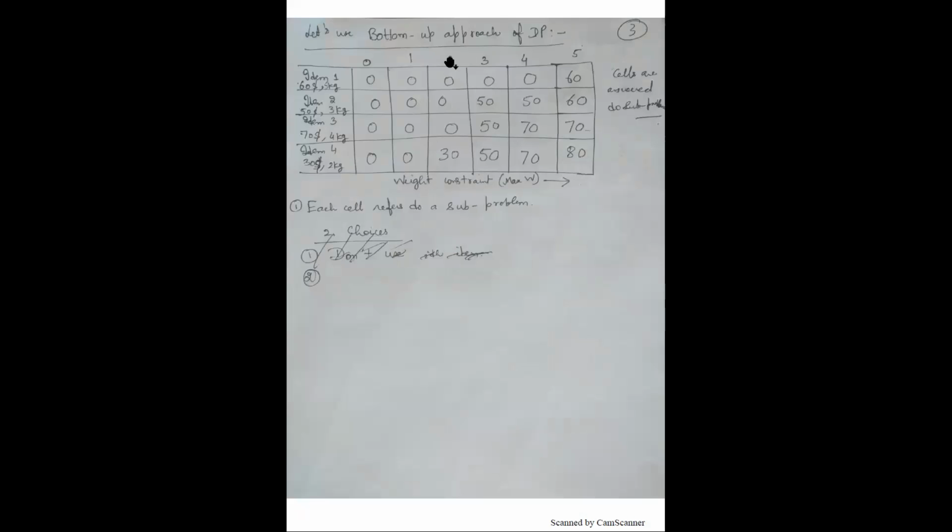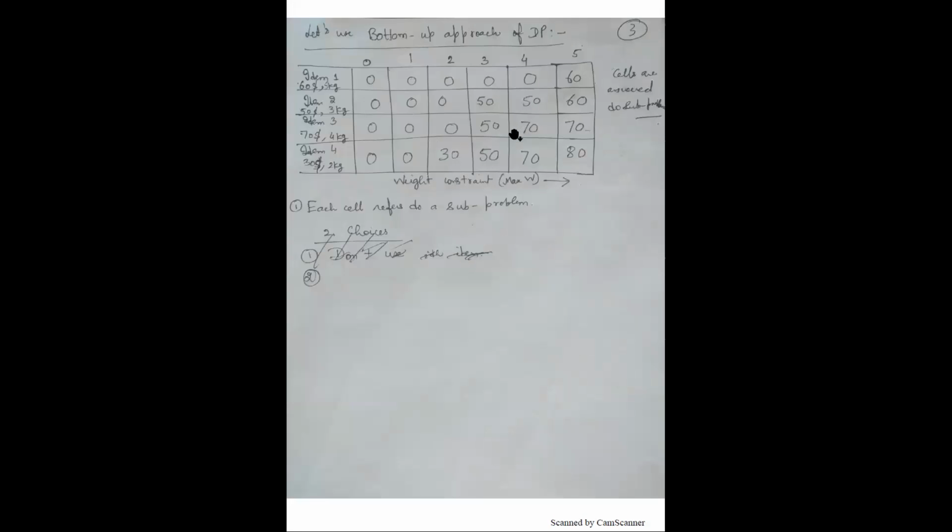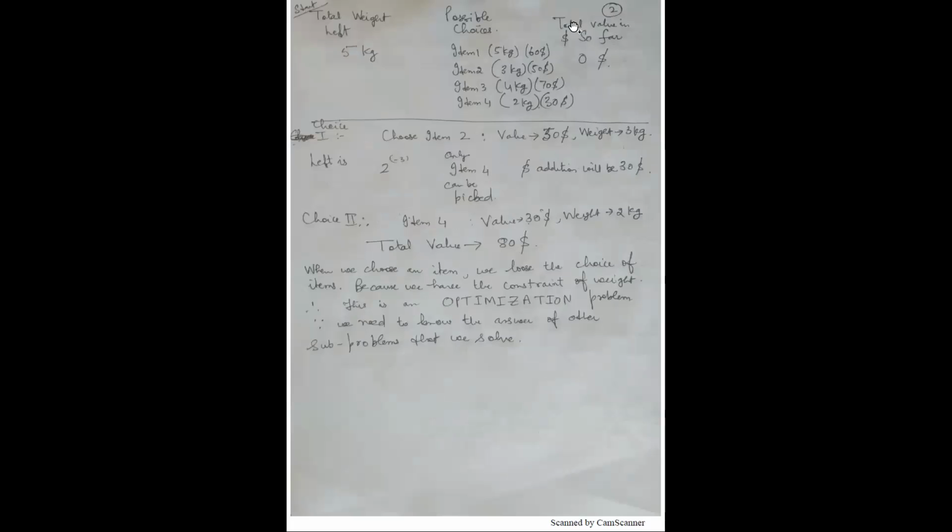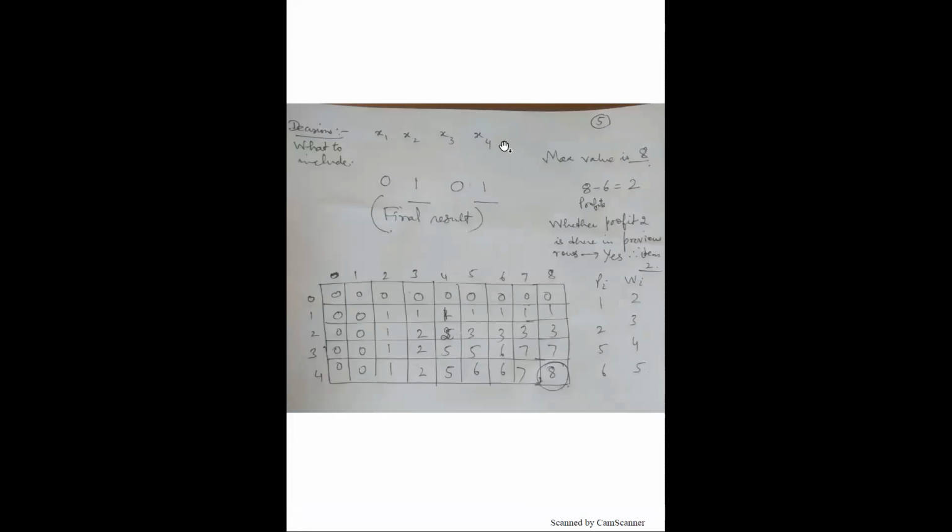I took this previous small example also and have tried to fill the table, with the same method as I explained here in my notes. Basically, these are two problems: one starting from page number 4, and the other starting from page number 2. Two examples I have taken to solve the knapsack problem using dynamic programming.